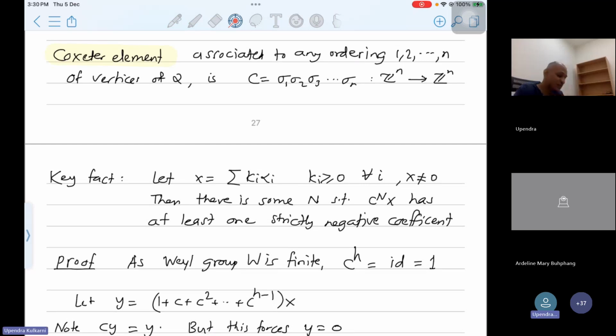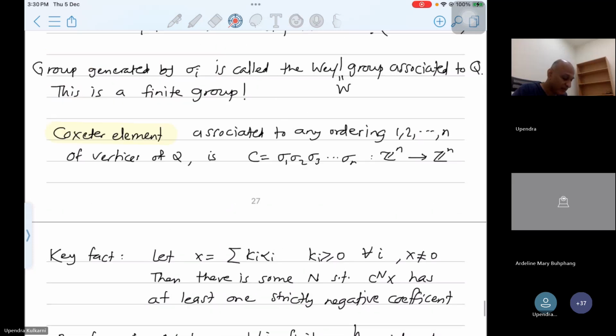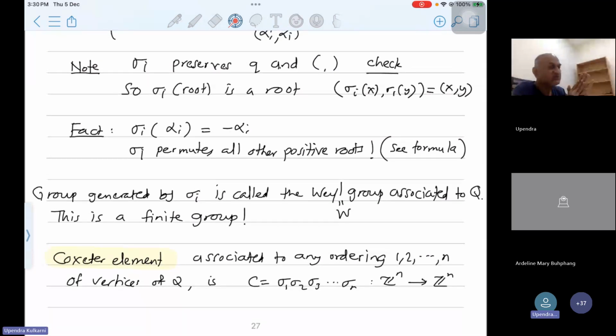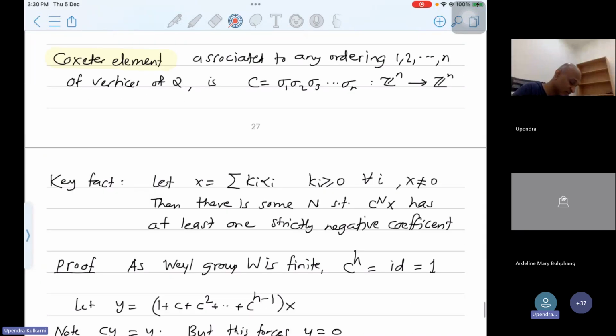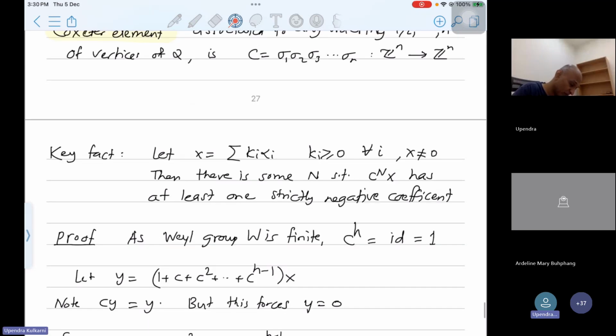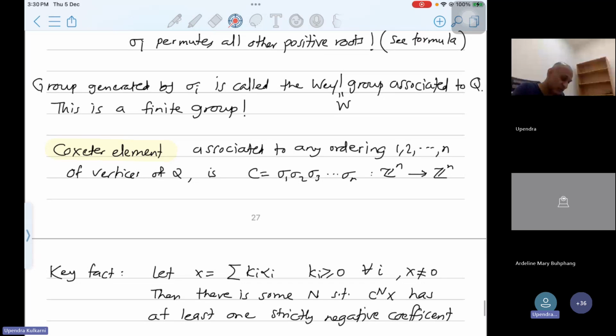What we are going to show is that if I take a positive root, then I can start applying reflections to it in such a way. In fact, let me go back and just show the following. This claim, the key fact. Ignore this Coxeter element, some special element.